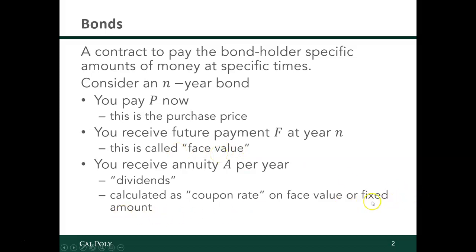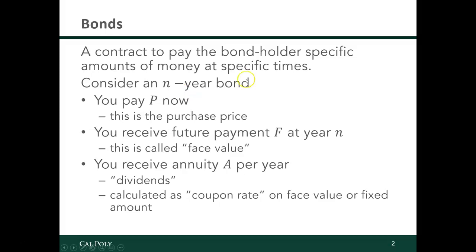You could say it's just going to be a $50 dividend semi-annually, or you could say that the coupon rate is 5% semi-annually on a $1,000 bond. Those two things would be basically the same. It's called coupon rate because back in the day, when a person bought a bond, they'd receive a coupon book, and they would exchange that coupon at certain times for their payment, for their dividend.